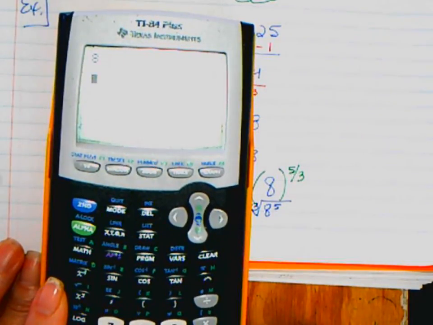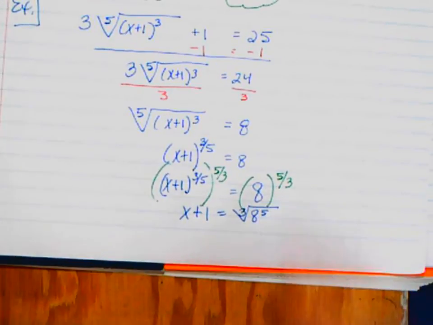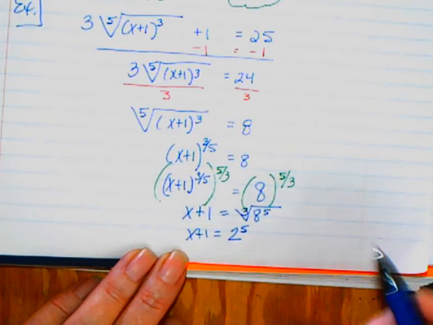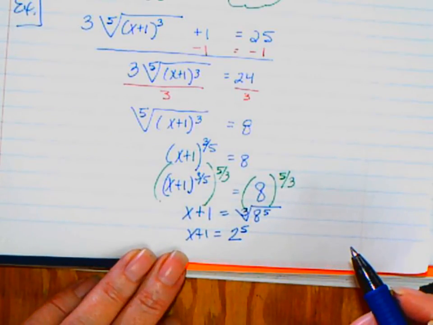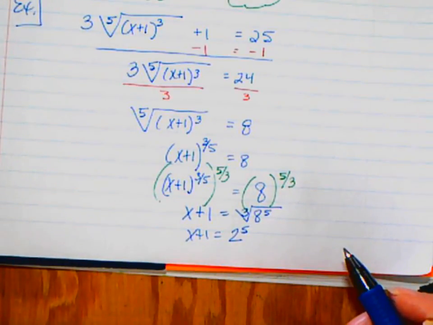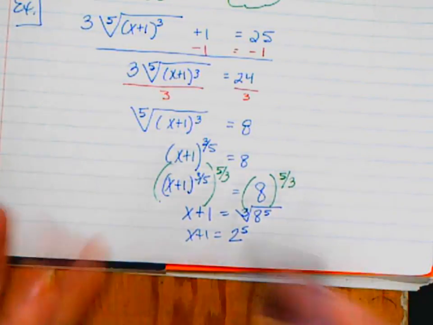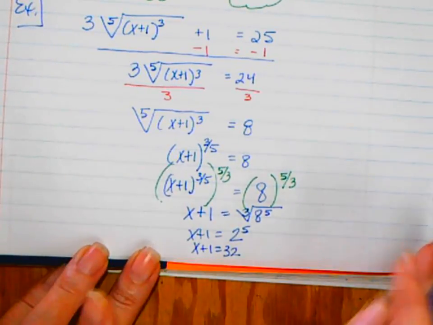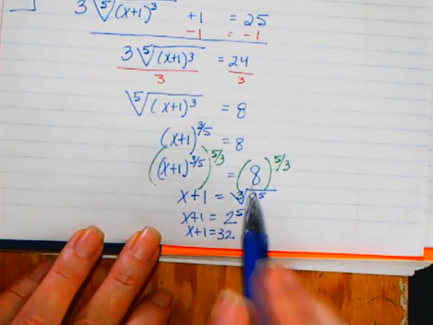Which is fine. You could do that. But could I take the cube root of 8? Yeah. That's just 2, right? And 2 to the 5th power is going to be a whole lot smaller than 8 to the 5th power. 2 times 2 is 4. 4 times 2 is 8. 8 times 2 is 16. 16 times 2 is 32. And again, that wasn't a positive or negative, right?